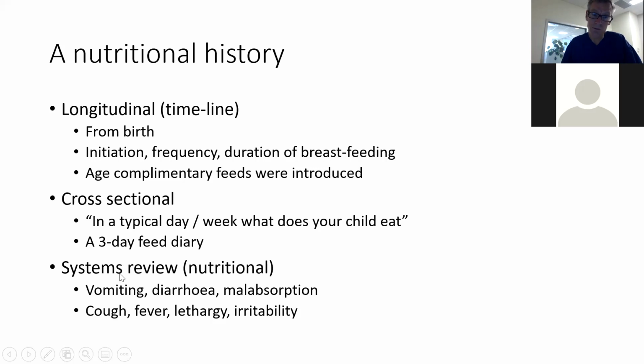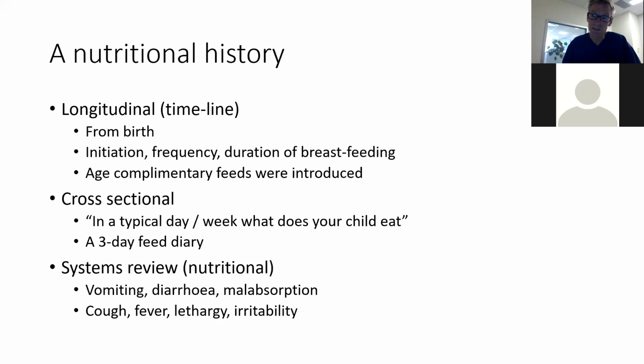And then a systems review, which is partly focused on issues that can disrupt nutrition. So if a child's got vomiting or diarrhea or signs of malabsorption or abdominal distension, then it's likely that those things may disrupt nutrition.